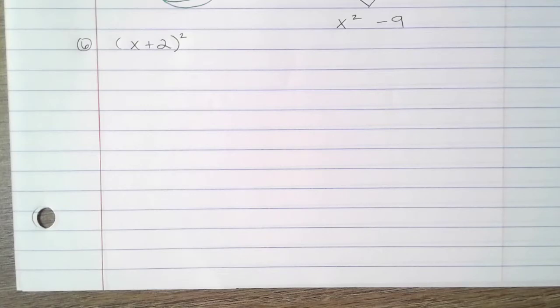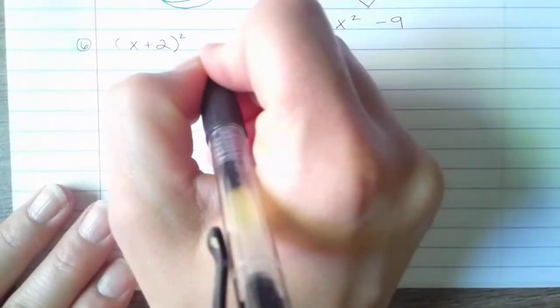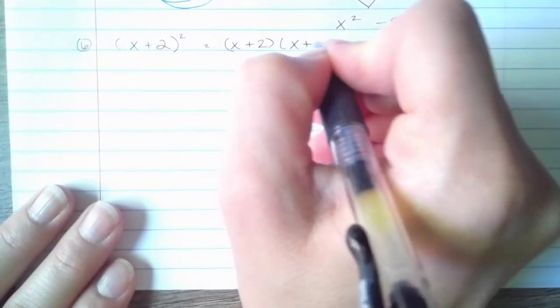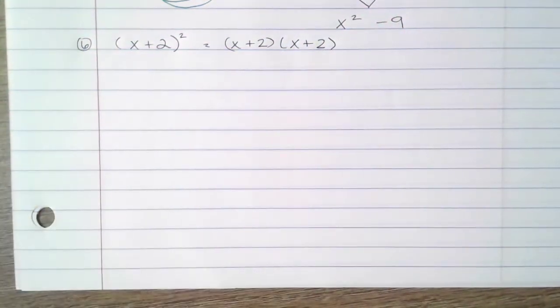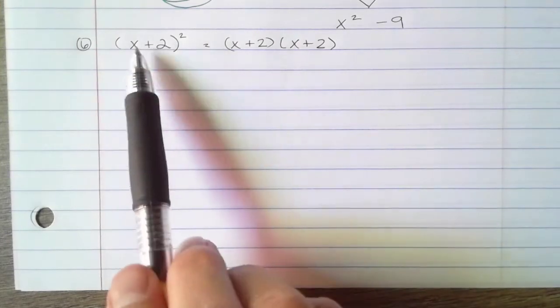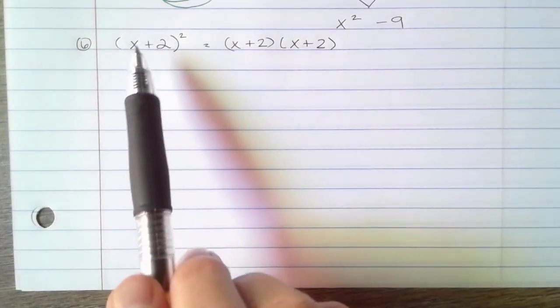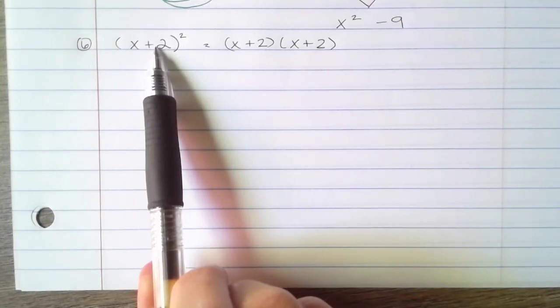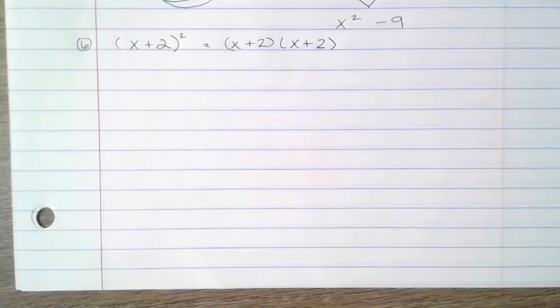So if I have x plus 2 squared, it is x plus 2 times x plus 2. And you do it exactly the same. Sometimes you might see a binomial and think, wait, I thought we were supposed to be multiplying polynomials. This is a binomial multiplied by a binomial. It just happens to look like that in disguise.